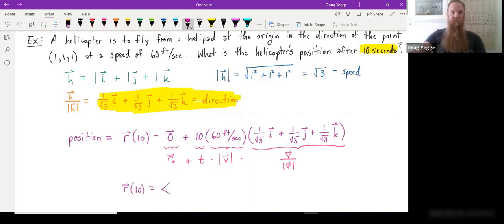So we're going to be at the position 600 over root 3, 600 over root 3, and 600 over root 3. So if that helicopter keeps going in that exact same direction for 10 seconds, knowing what we already knew, we were able to follow that line and find out where its final position would actually be.